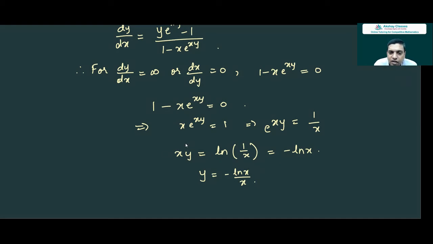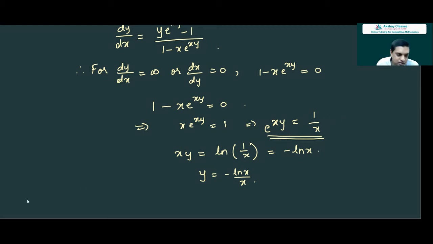This is not a function. We want that there is a point x comma y which satisfies this equation. X comma y satisfies this equation, this implicit definition. This is not a function. It is like this expression is equal to this expression.